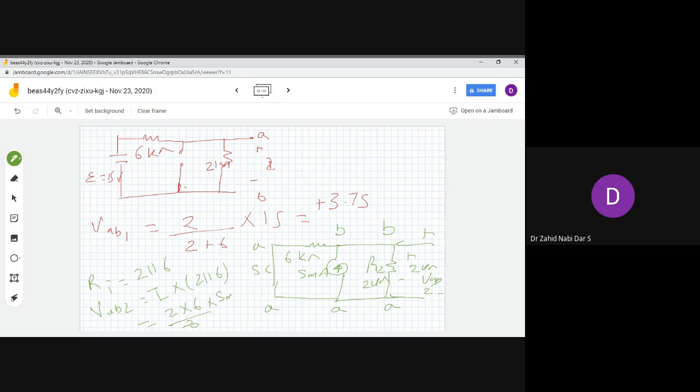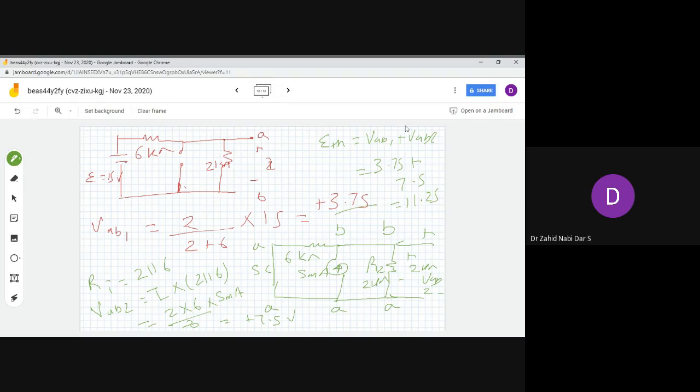Now if you calculate, these are in kilo ohms, you will get the value of plus 7.5 volts. So you got 3.75 plus 7.5 volts. So total E Thevenin would be VAB1 plus VAB2. So this happens to be 3.75 plus your 7.5. This would be 11.25.